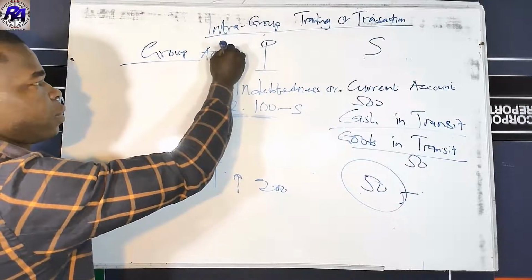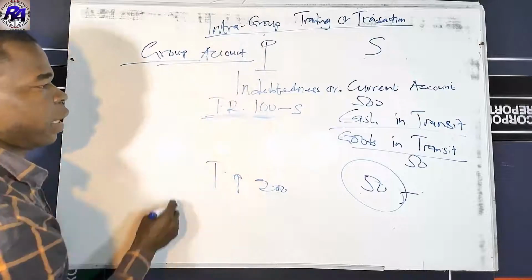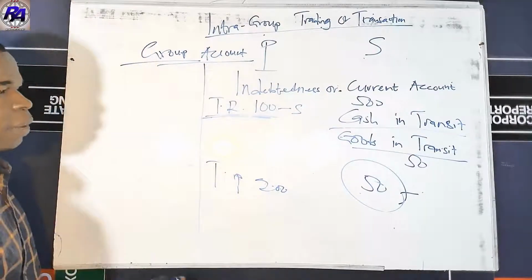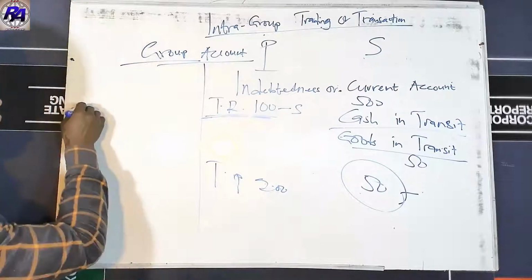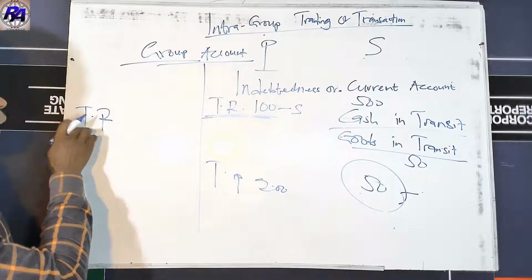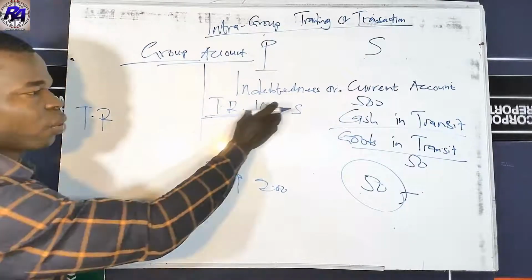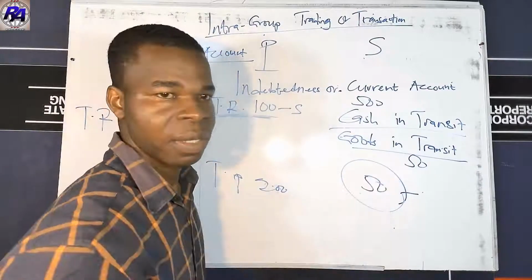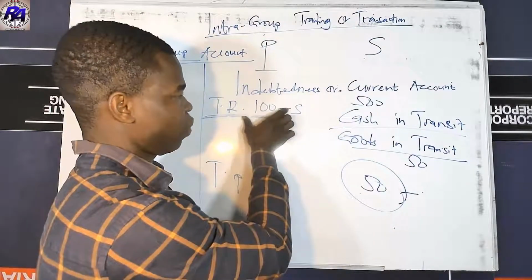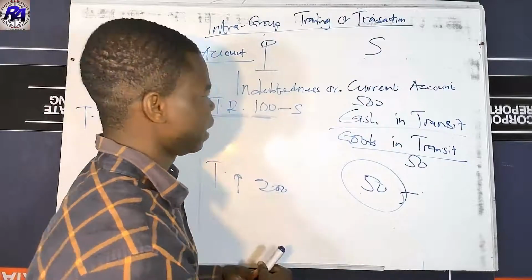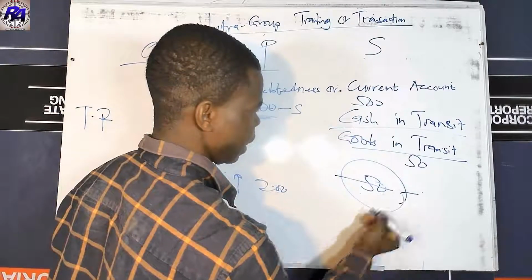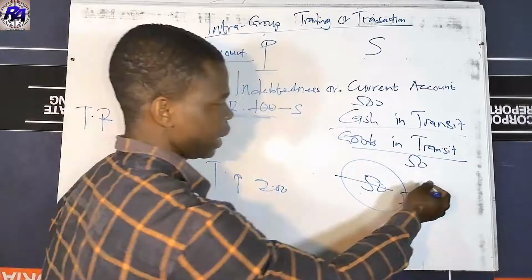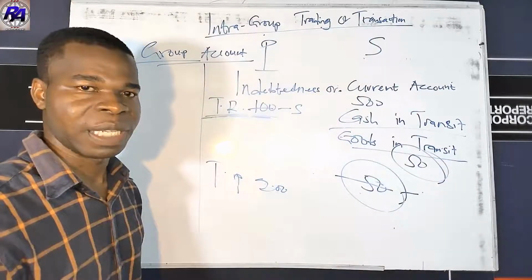Now, when you come to the trade receivable, we don't want to see the group trading among themselves. There shouldn't be anything where the group will be trading among themselves. These figures must be eliminated, and then you will treat the cash as if it has been received.